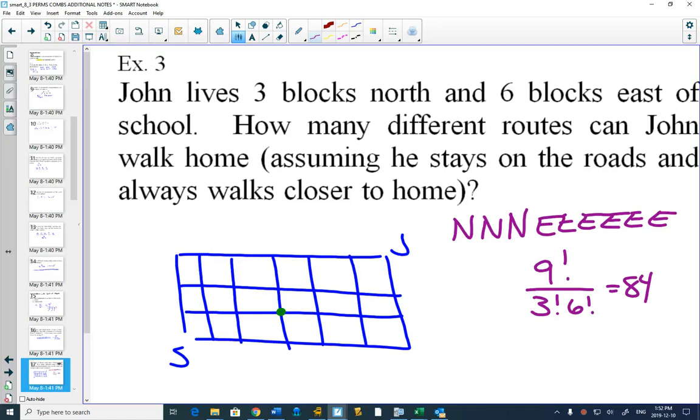We're going to say that Cynthia lives there. And now, every time John walks home from school, he has to walk past Cynthia's house. I know, a little bit of a stalker, eh? So now how many ways can he walk home if he had to walk past Cynthia's house? Oh, and then I'll add another part.